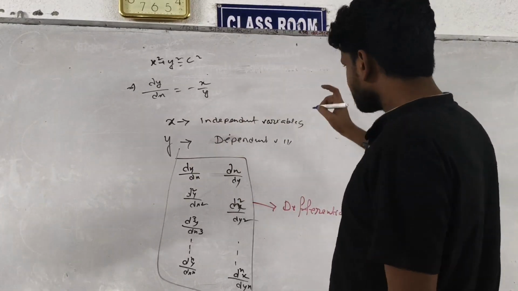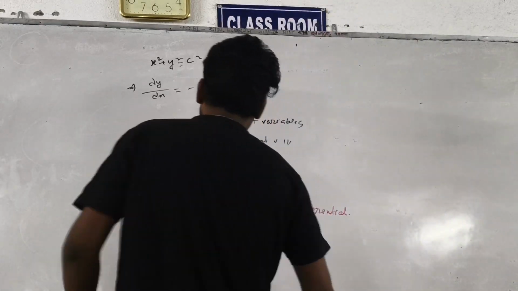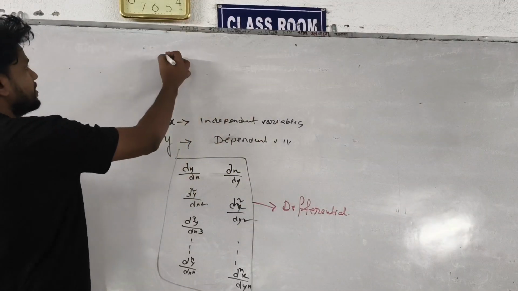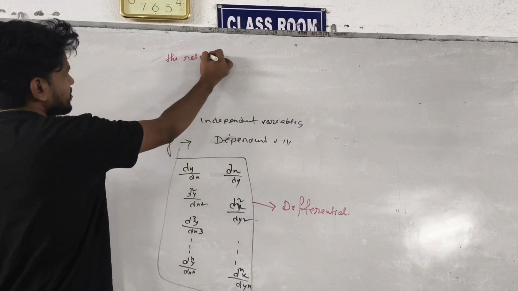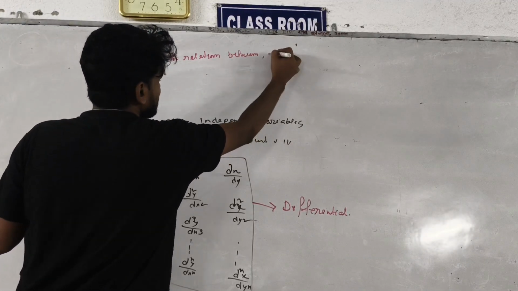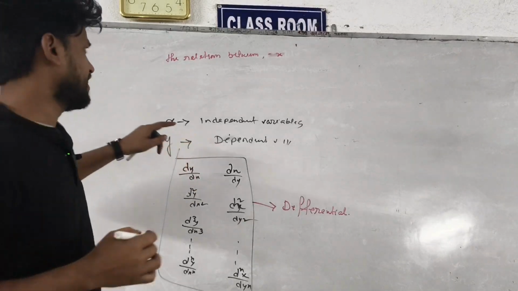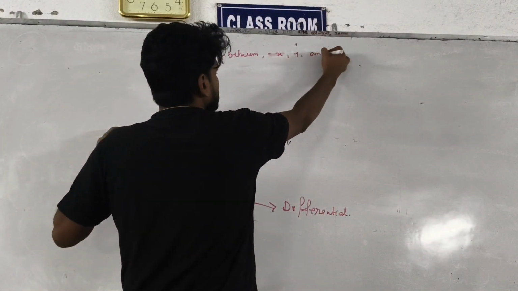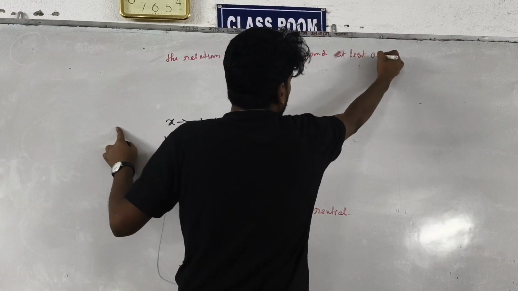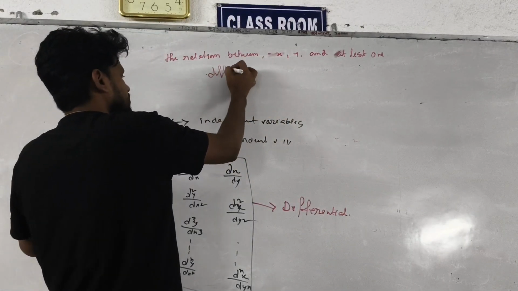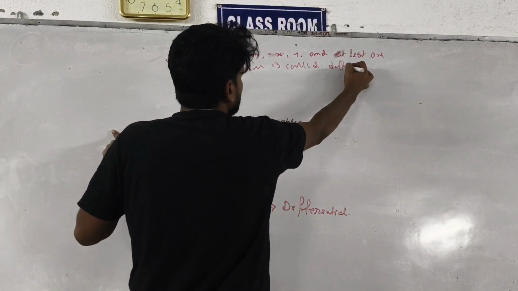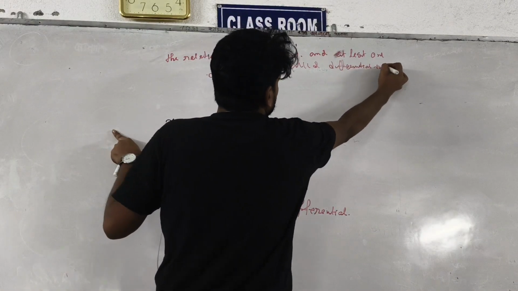The relation between independent variables and dependent variables x, y, and at least one differential is called a differential equation.